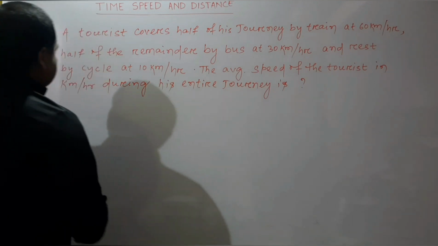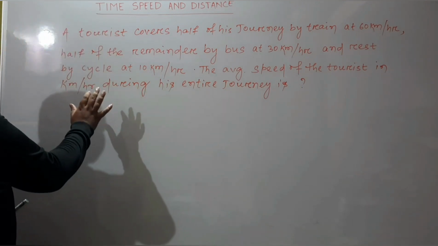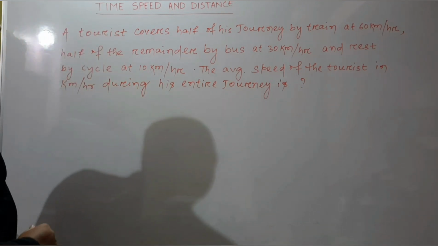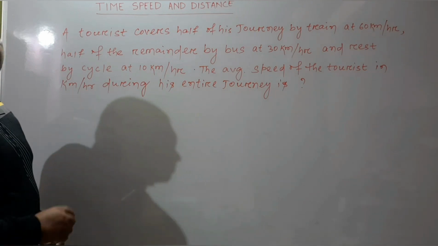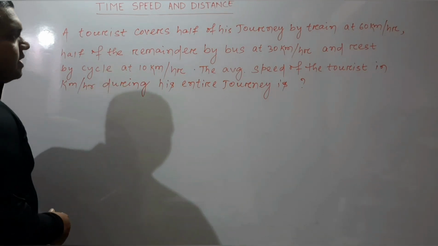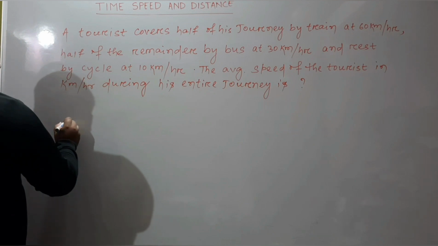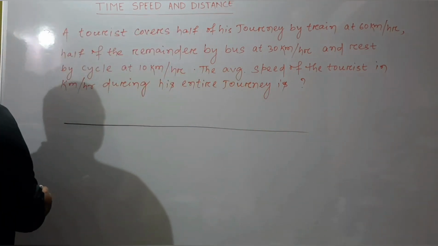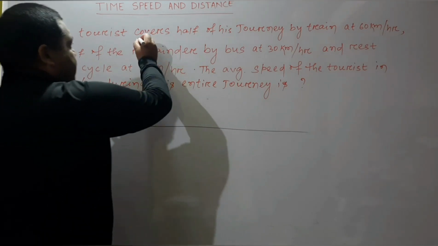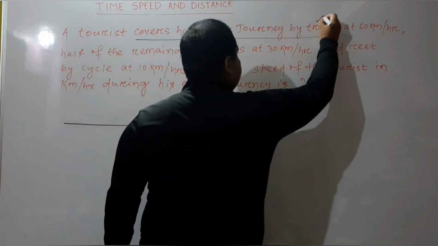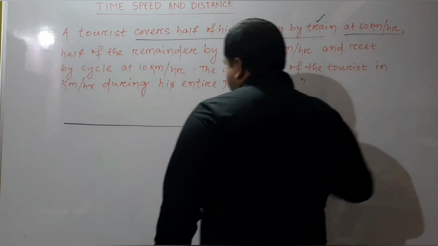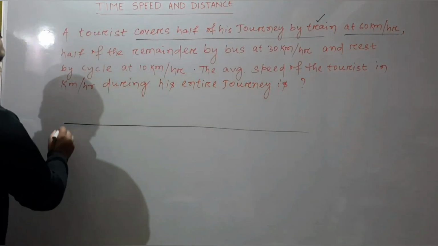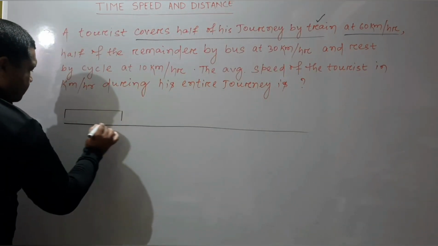So look, here distance is not given directly, but distance is given in an indirect way, and speed is given. So look, first a tourist covers half of his journey by train at 60 km per hour. So first, let this one be the train.